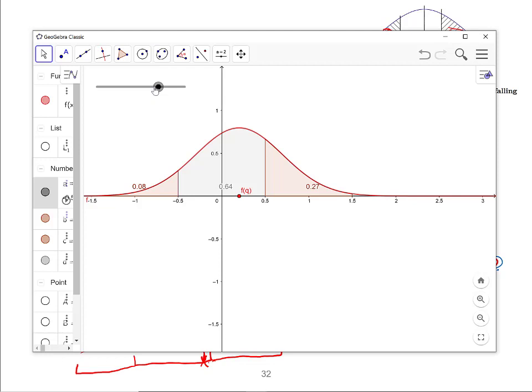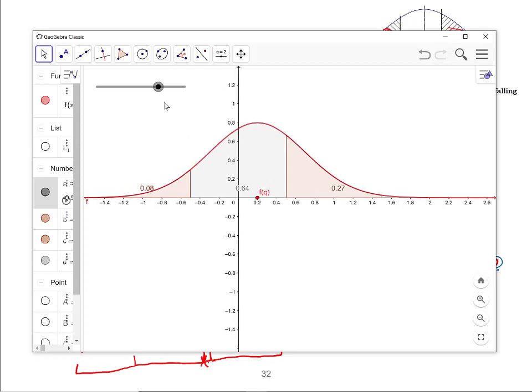So here the numbers are the integration of these two red areas and this gray area, but these are not the actual numbers. It's just an illustration. All right.